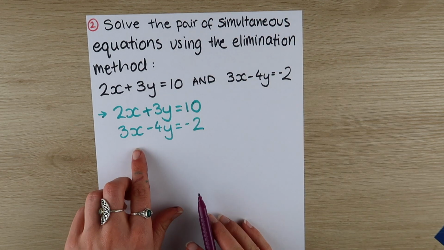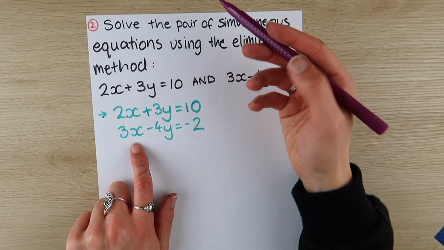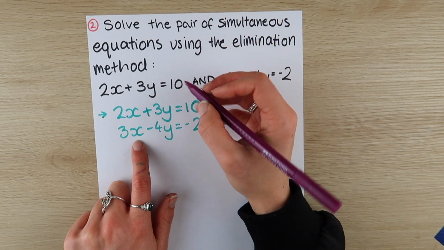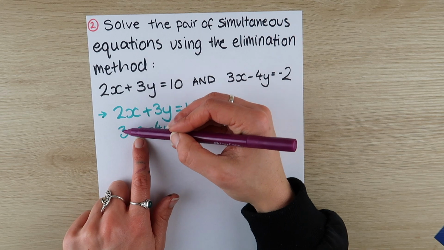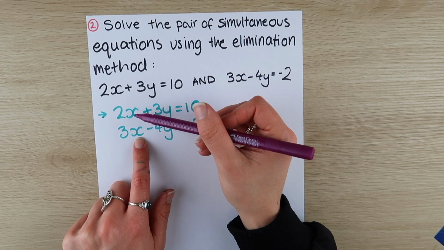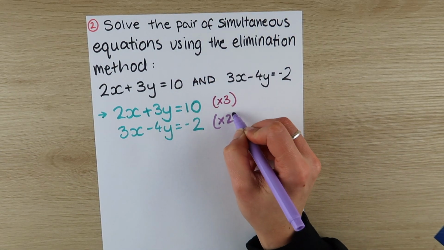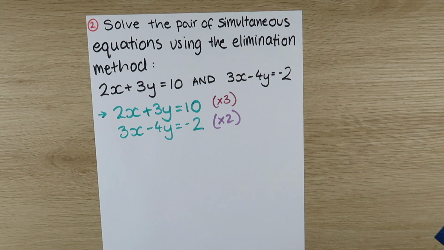To do that, I'm thinking about the lowest common multiples for each of these. So the lowest common multiple for 2x and 3x is 6, which means that I'm going to multiply both of them by each other. The first equation is multiplied by 3, and the second equation is multiplied by 2.